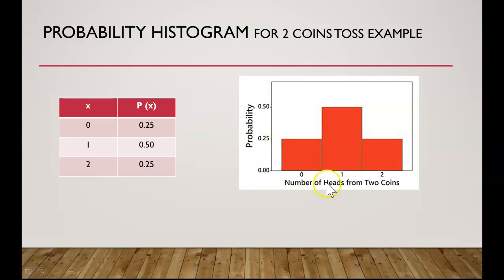For the number of tails 0, the probability is 0.25. The probability of getting 1 head or 1 tail is 0.5, and the probability of getting 2 heads or 2 tails is 0.25. We can see the shape of the distribution from the probability histogram.